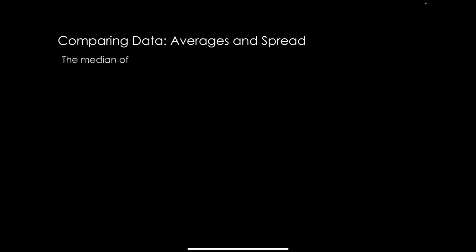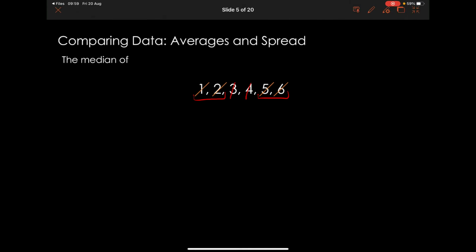Right, what about this set of data then? What is the median of this set of data? Again, they've been put in order for you, but if they were in the wrong order, you would have to put them in order from smallest to biggest. I'm going to take one from each side. I've taken 2 from each side here, but if I took another one from each side, I'd be left with nothing, so I can't do that.